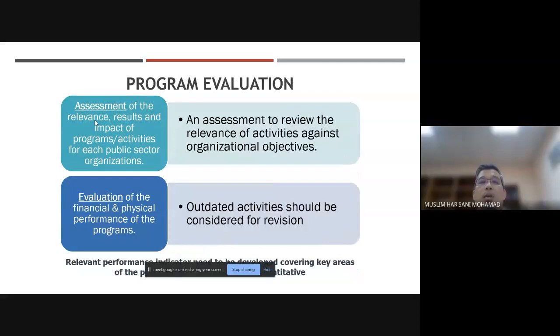And then program evaluation: assessment of the relevance, result and impact of activities. At the bottom there, outdated activities should be considered for revision. By right, revision means that if programs are no longer relevant, they should be closed or reorganized. But of course, in government there are limitations, mostly because resources are fixed costs.